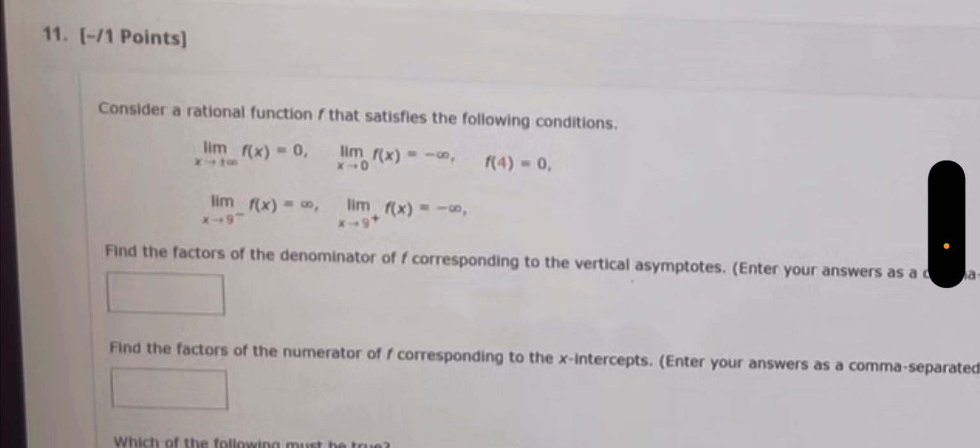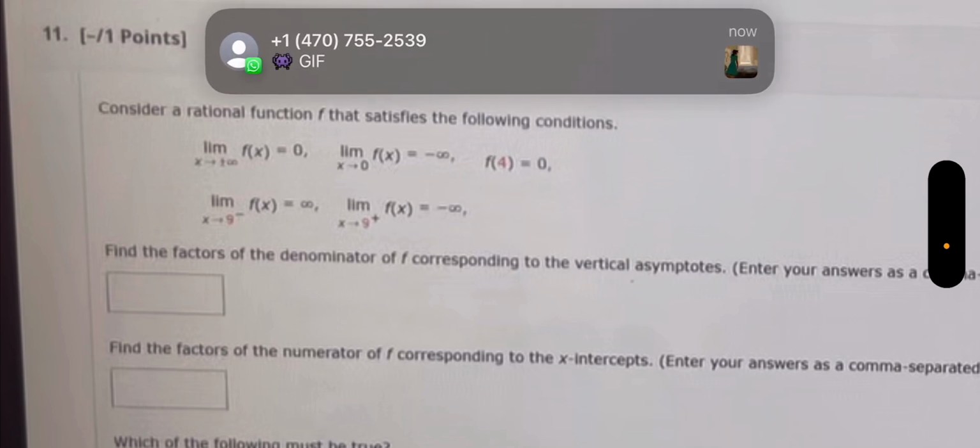So that's one vertical asymptote, right? As x gets closer to 0, y goes to negative infinity. And then as x approaches 9 coming from the left, y goes to positive infinity. As x approaches 9 from the right, y tends to negative infinity, right? So it's namely when x is 0 or when x is 9, we have a vertical asymptote.